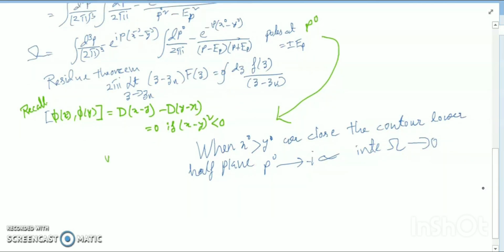Simple, it vanishes, and the integral over p0 picks up the residue at p0 equals minus Ep, and a minus sign arises because we took a clockwise contour. So this is the main property.